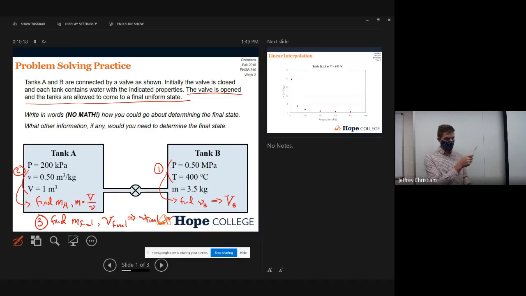To really solve this problem and figure out what the final state is, we would need to know something about how it actually happens, what that process looks like. So we don't have enough information just from this problem statement to figure out what the final state is. We would need at least one more piece of information.